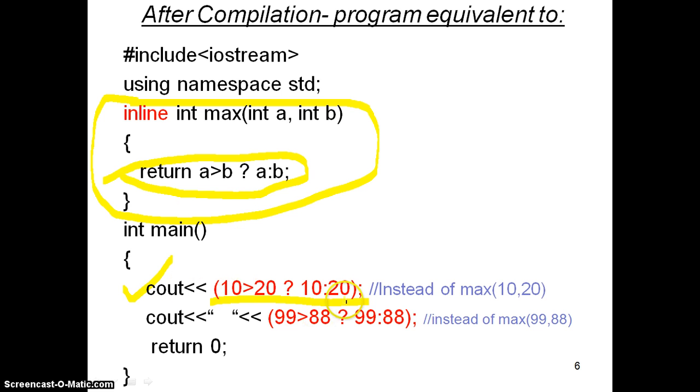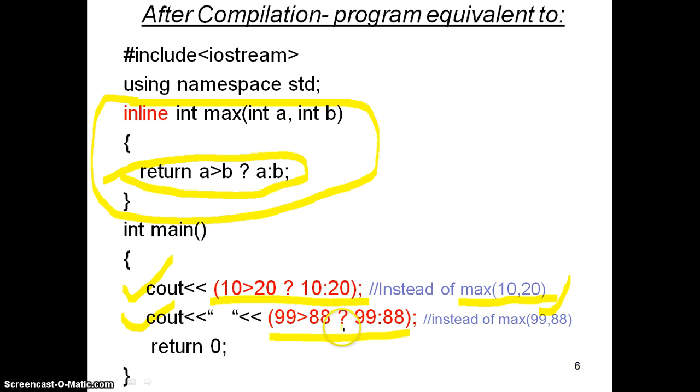Like in the previous example where we took max of 10 comma 20, the definition comes to this particular line, the variable values are assigned here, and it becomes a is greater than b, or 10 or 20, like this. The same happens for the second line also.